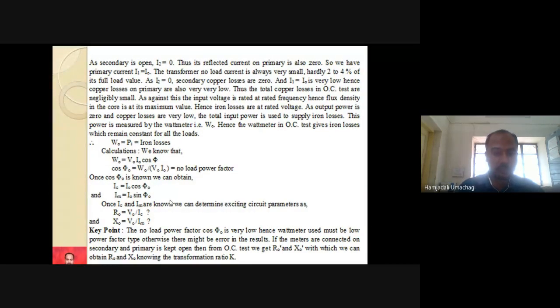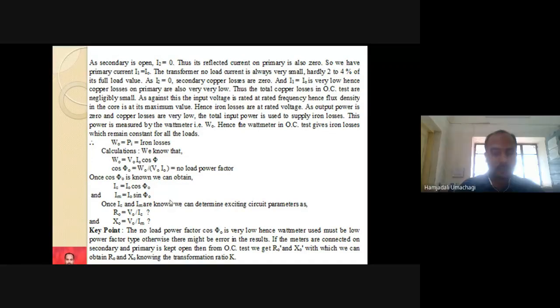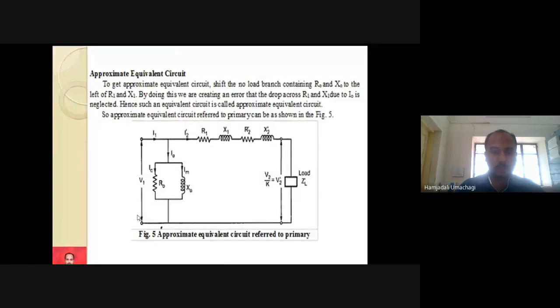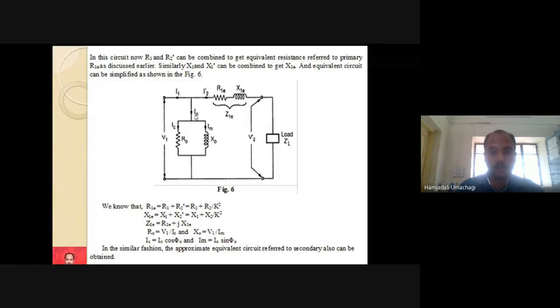That too, primary side means which branch is it called? Magnetizing branch. It is the magnetizing branch, very good. So the magnetizing branch components we are going to get from the OC test, means these values: I0, Ic, Im, R0, X0.